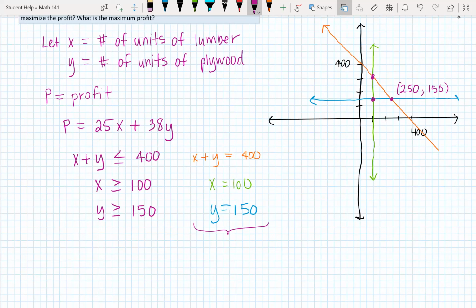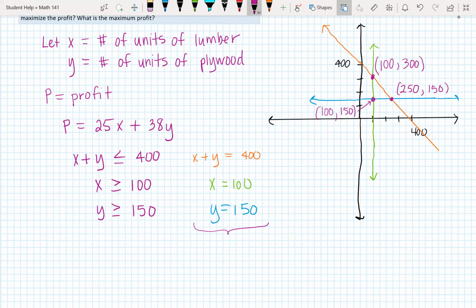Up here, our x value is 100, and then the y value is 300. And then for our last point, we're at 100, 150. It's this point here.